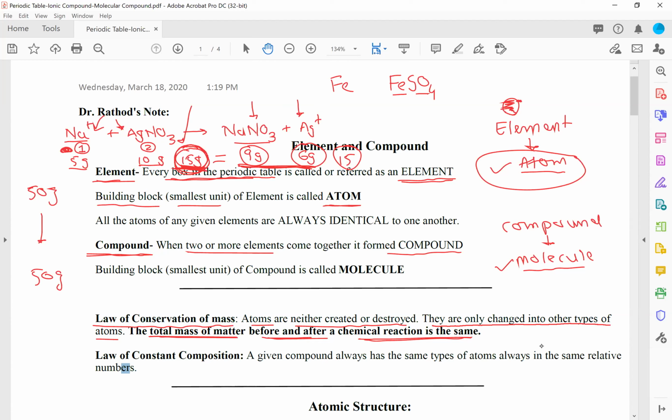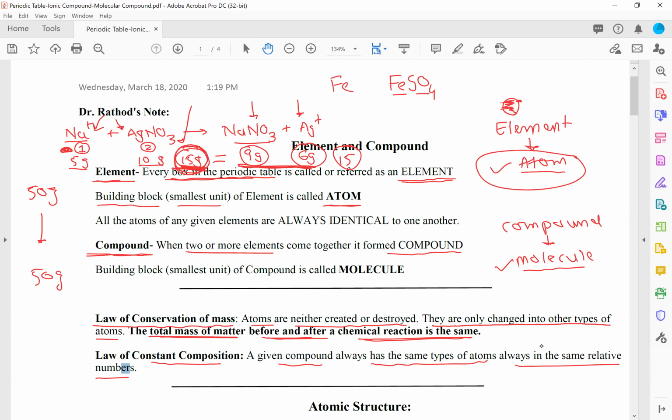All right. And the second law says constant composition. It means a given compound will always have the same type of atoms, always in the same number. Just the way that you gave me the example of water. What is the chemical formula of water? Do you guys know that?